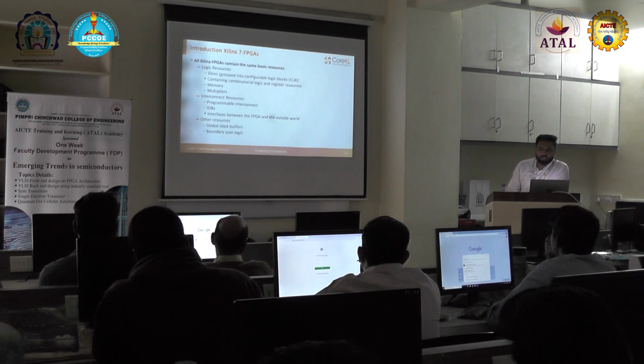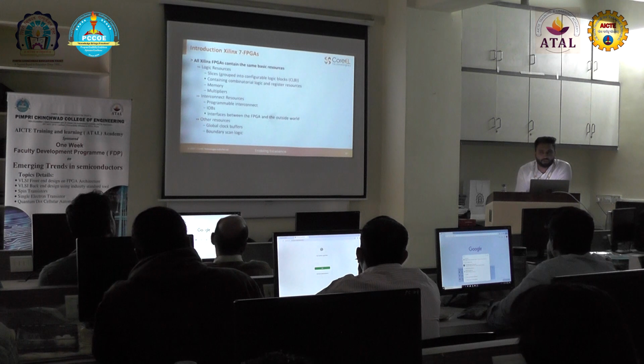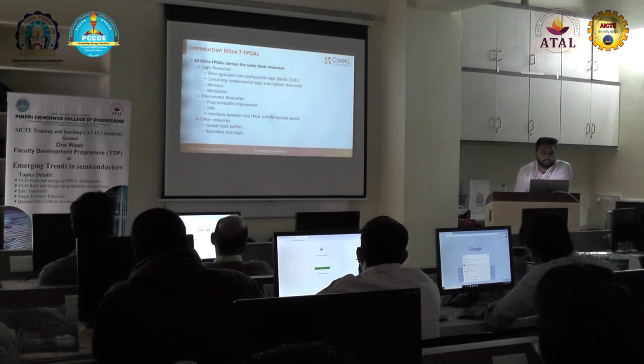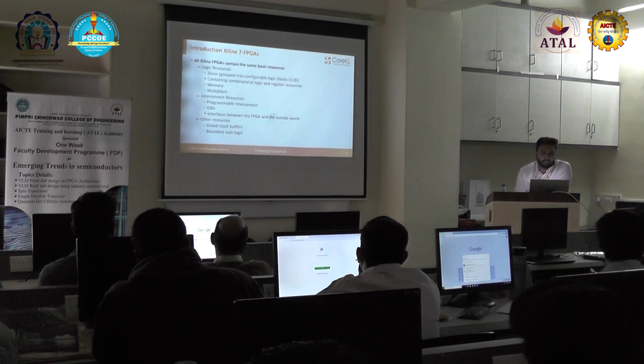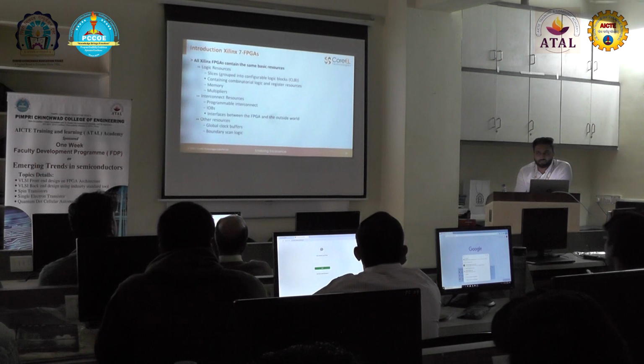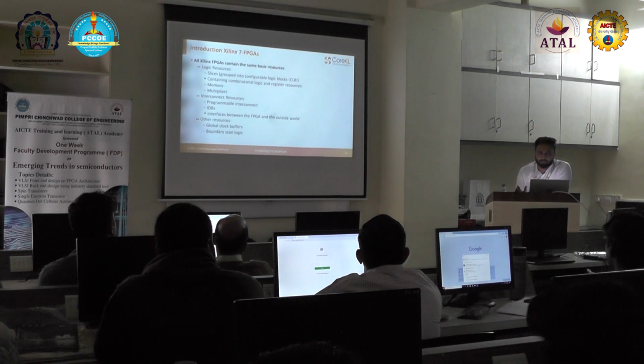So next one is memory. We have 2 types of memory, that is DRAM and BRAM, distributed RAM and block RAM. With distributed RAM, logic LUTs can be implemented as SRAM blocks in the distributed memory. And when it comes to BRAM, the memory is implemented in dedicated SRAMs.